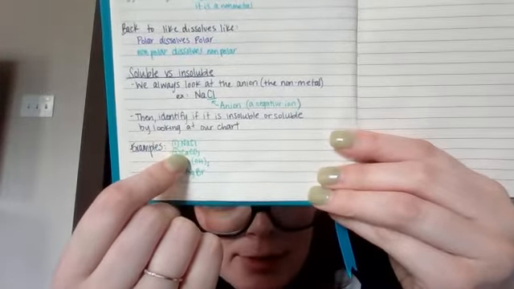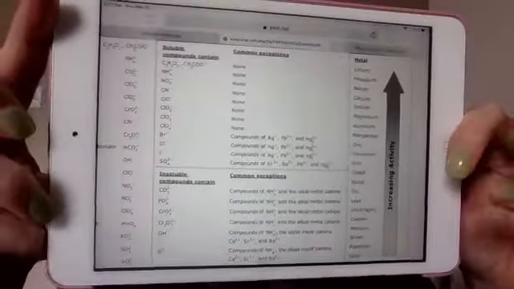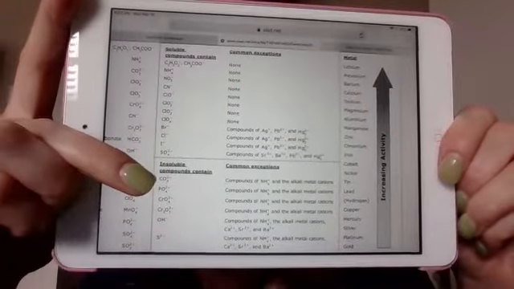But now let's look at CaCO3. Okay, so calcium carbonate, CaCO3. Again, I go over to my little chart, and I find CO3, which is right down here.